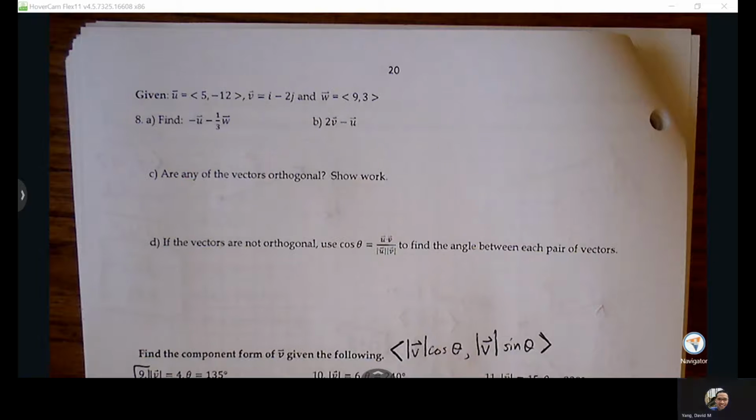Just leave it in square root of. Okay. If no questions, let's go ahead and go into page 20.